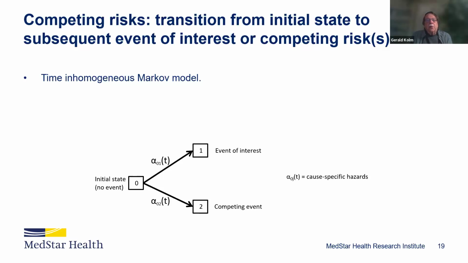So we're going to calculate the cause-specific hazards for each event, the event of interest and the competing event, or events as the case may be. And that's represented by alpha sub t, the cause-specific hazard at time t.